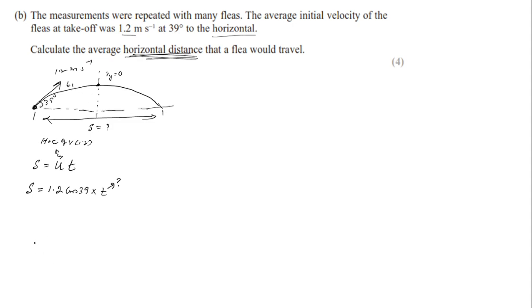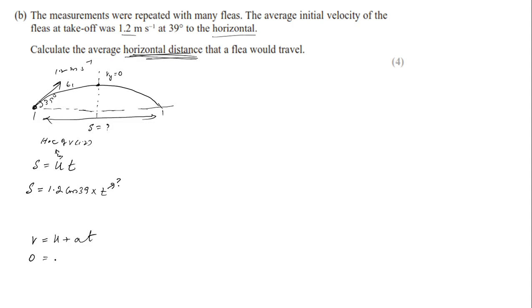The best equation is v equals u plus at. Now how do you apply this equation? v is the final vertical velocity at maximum height, which is 0. And this u again is not 1.2. This u is the initial vertical component of the velocity.